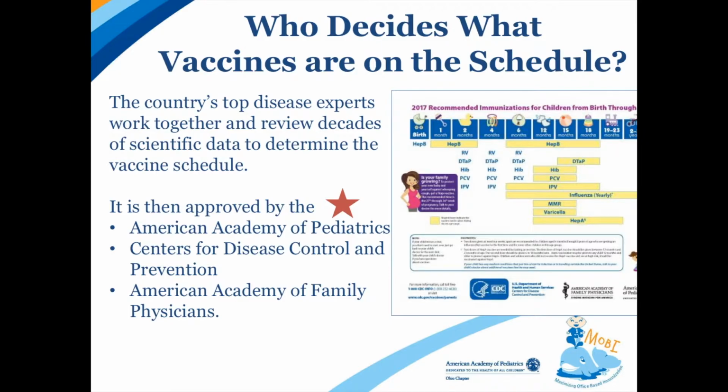Top experts around the country work together and review decades of data to determine the vaccine schedule, looking at how rapidly your immune system can respond and how often you need to get a repeat dose so that your immune system can be ramped up to fight this infection. This gets approved by many organizations. A few of these organizations are the American Academy of Pediatrics, the Centers for Disease Control and Prevention, and the American Academy of Family Physicians.